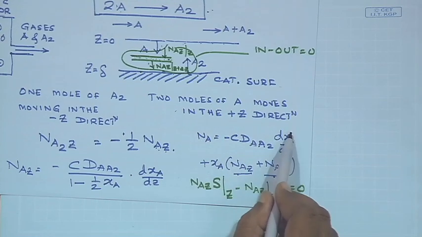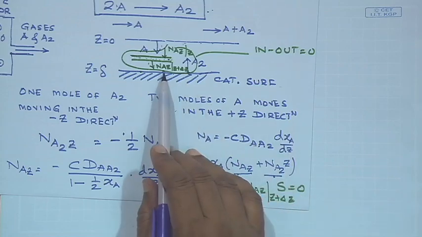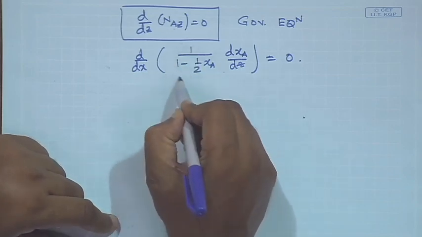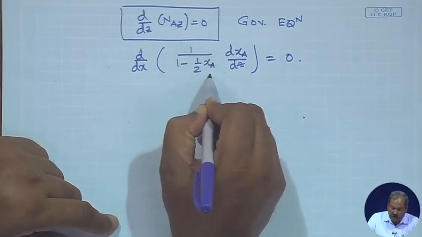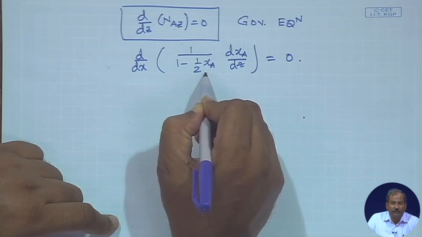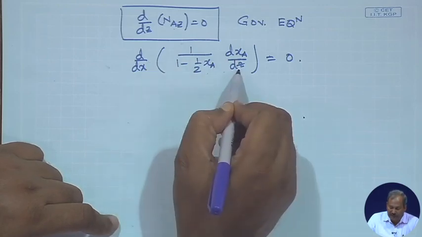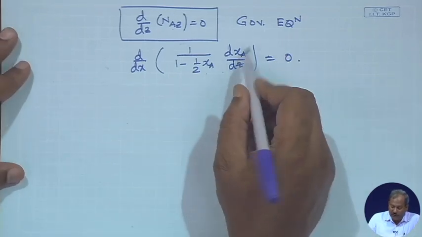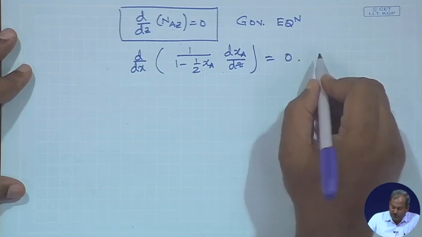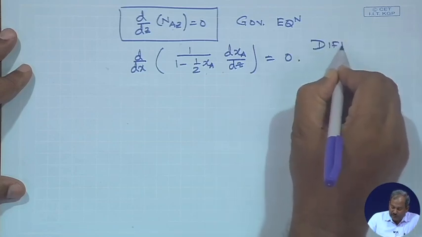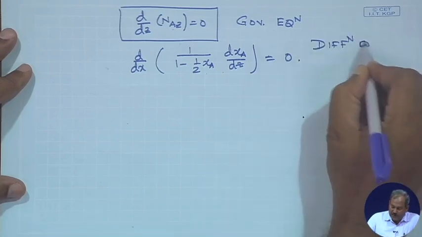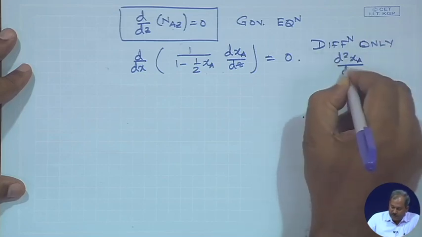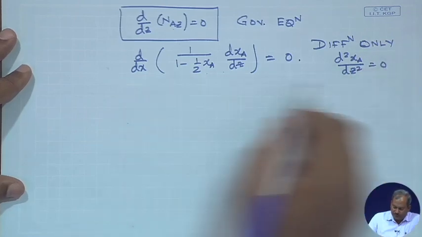So, if A is reaching the catalyst surface by a diffusion only process, then in your governing equation this entire term 1 by 1 minus half x_A would not be present. So, you would simply get d2x_A/dz2 equal to 0, and you would get a linear profile of A in such a system. So, for a diffusion only case, this equation would get transformed to d2x_A/dz2 equal to 0, and this can be solved.